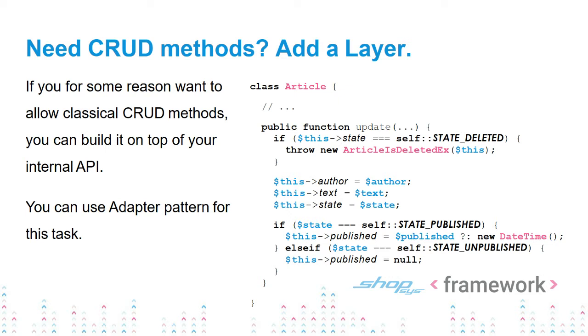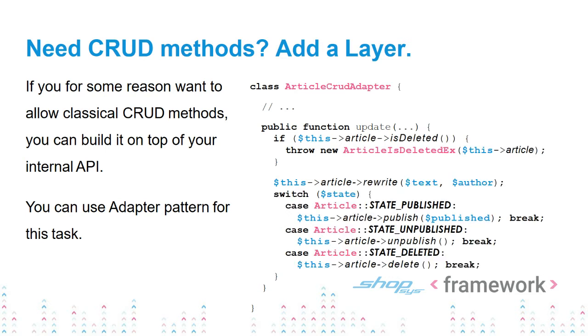And by using the adapter design pattern, we can change this to an article CRUD adapter. Here we have our rich domain model article with some meaningful behavior.